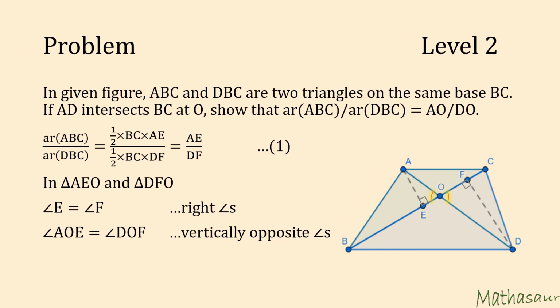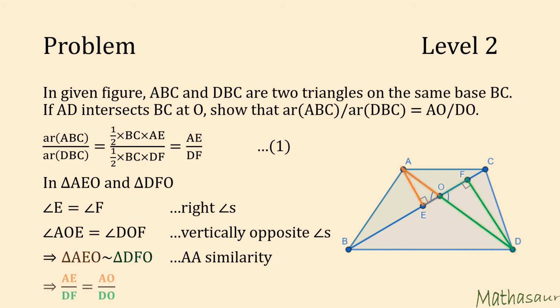Angle AOE is equal to angle DOF. So the two triangles are similar due to the AA similarity. And now the corresponding sides would be in proportion. So AE by DF would be equal to AO by DO. Now let us call this statement 2.